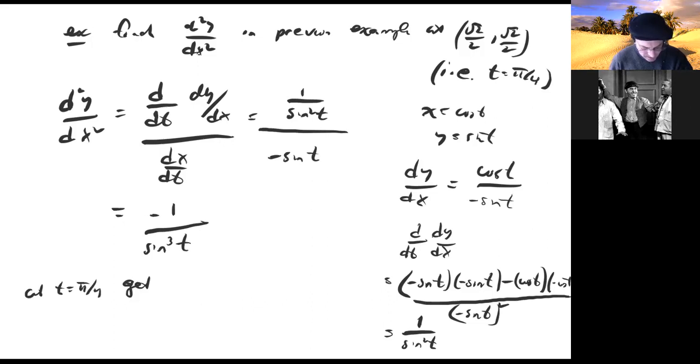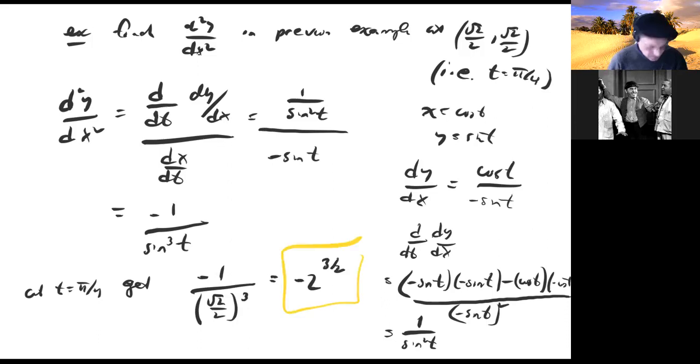We get the negative of 1 over radical 2 over 2 cubed, which becomes, it looks like to me, negative 2 to the 3/2 power, if I've done this right. Okay, so that's the second derivative. And it's concave down, and as you know, the circle is concave down at every point. Okay, so let's move on.